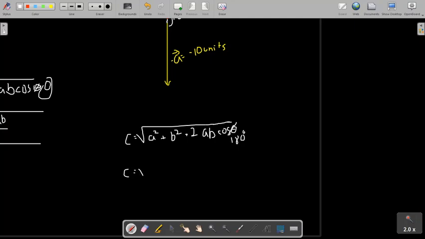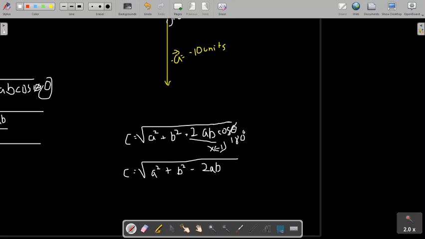So we could write it as a square plus b square. These are the magnitudes of the vectors. Instead of plus, I would write minus, because this term is multiplied by -1. So we could write it as minus 2ab.